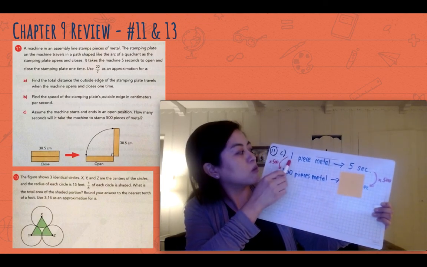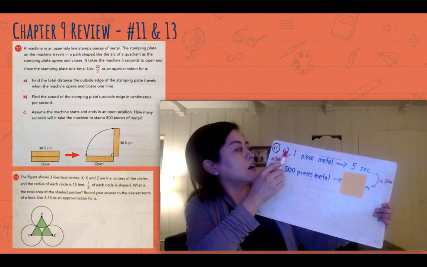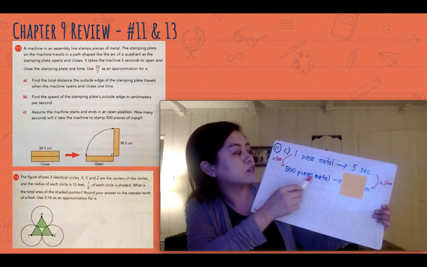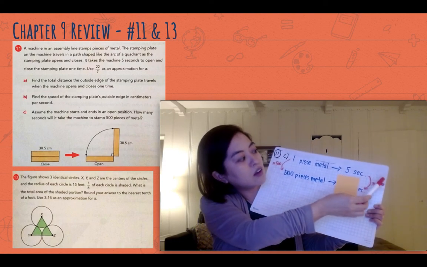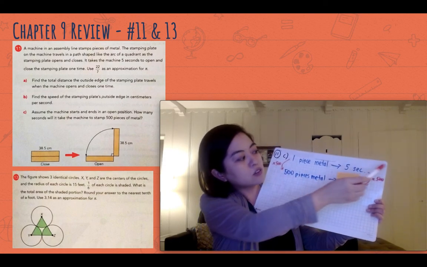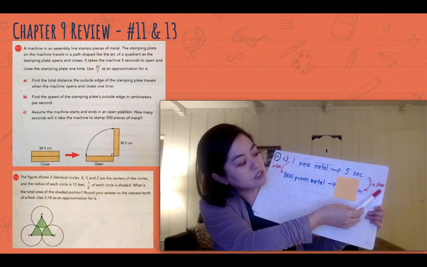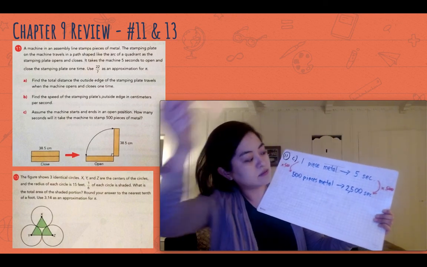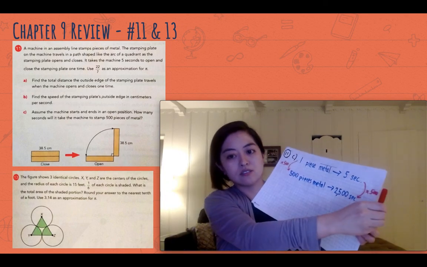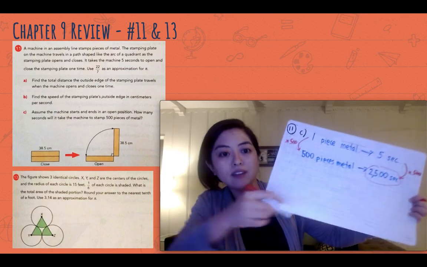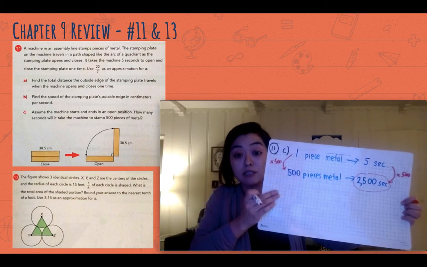So from one piece to 500, I have to multiply 1 by 500 to get 500 pieces. And then whatever I do on this side, I have to do on the other side, right? So 5 seconds times 500 is 2,500 seconds. And they want the unit in seconds, so I'm going to just leave it like that.